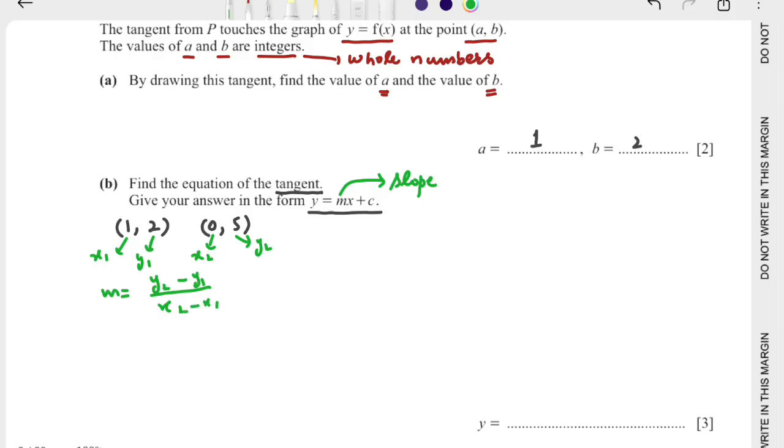We will substitute values here. M is equal to 5 minus 2 divided by 0 minus 1. 5 minus 2 is 3 and 0 minus 1 is minus 1. Gradient would be minus 3.